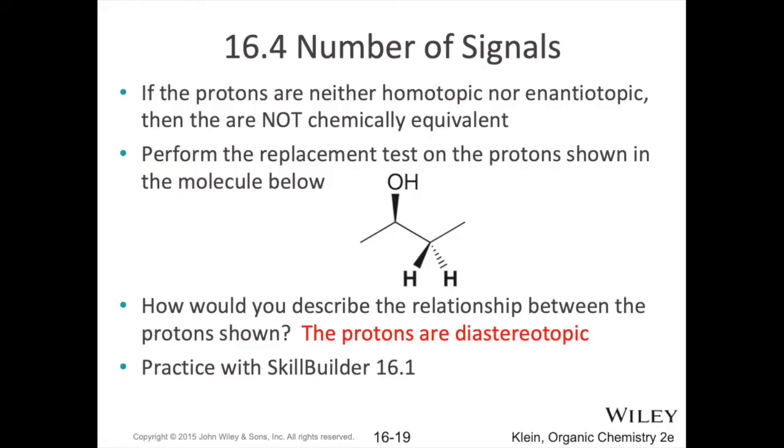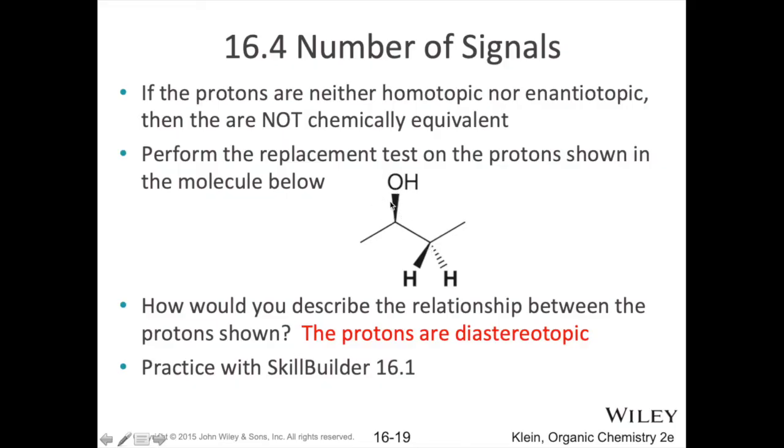So again, if you have trouble seeing this, I really recommend building two models of this molecule. Swap out this hydrogen for a deuterium or some other colored atom, and then in the second model swap out this one, and you'll see that the two molecules you've built are not mirror images of each other. While you could consider this part of the molecule to be sort of reflective, this part stays the same, right?